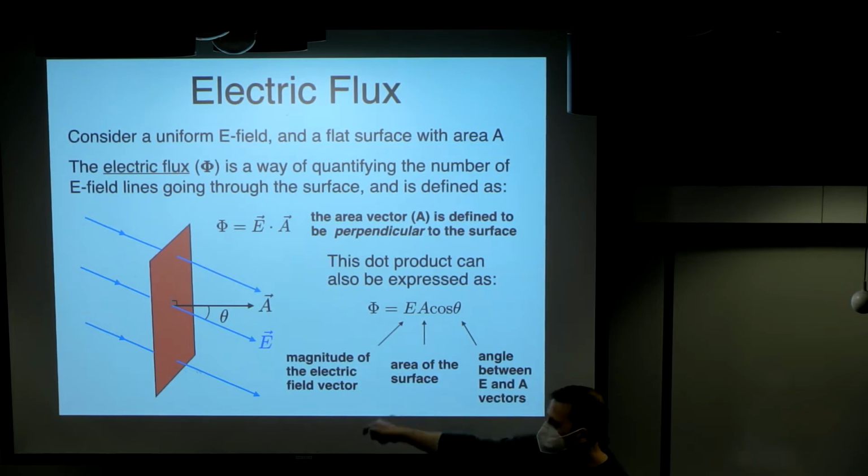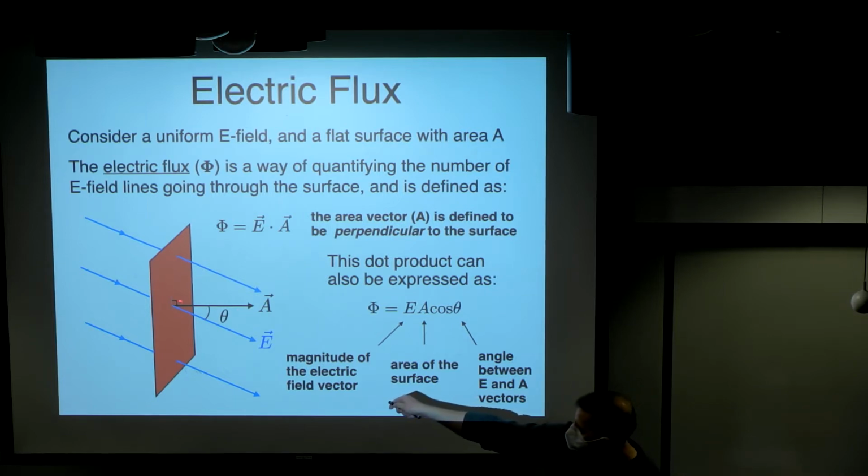In this case, we just do length times width. But the direction is perpendicular to the surface. You see in this picture how we're defining the area vector as being perpendicular to the surface? That's A. If we take the dot product between E and A, we get the electric flux.